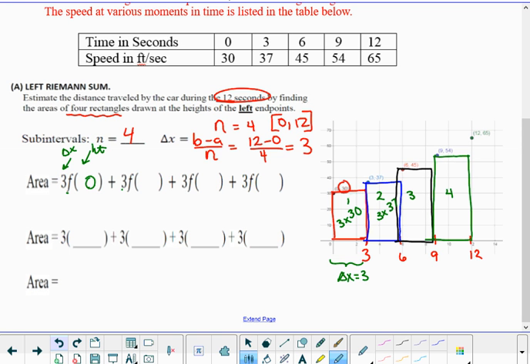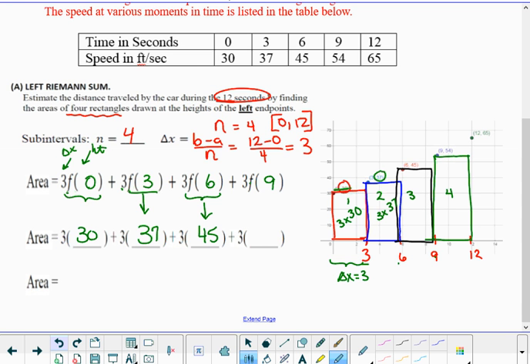Then I have a width of 3 times f of 3, my next point that I would evaluate at. 6 would be the next height I need, and f of 9 my final height. We can see by our table that f of 0 was 30. I'm just reading my ordered pairs here. 3, 37, so f of 3 gives me 37. F of 6, you get the idea, is 45.